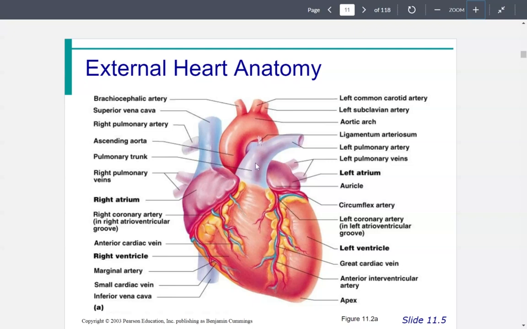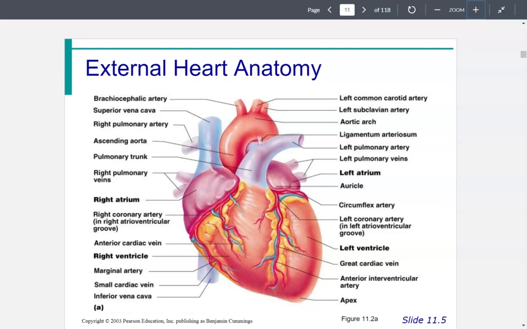This right here is the pulmonary trunk, which will branch into the right and left pulmonary artery. Now, you might be thinking to yourself, wait, it's blue, not red. It's an artery. According to earlier education that you probably received, you were taught that arteries are red and veins are blue. This is incorrect.